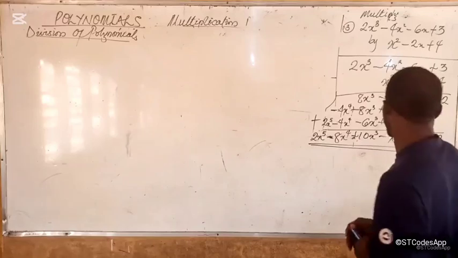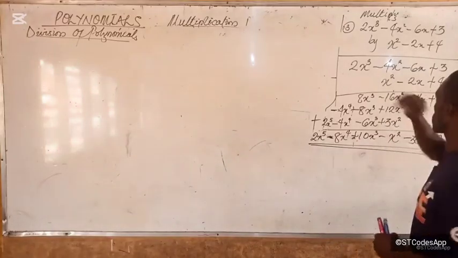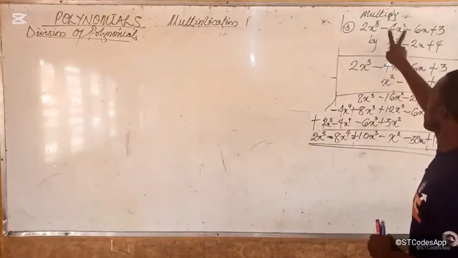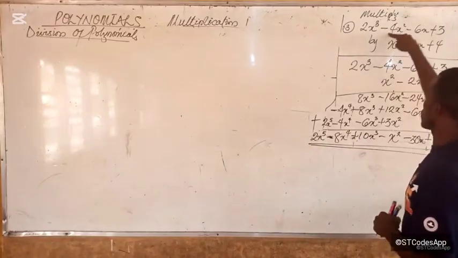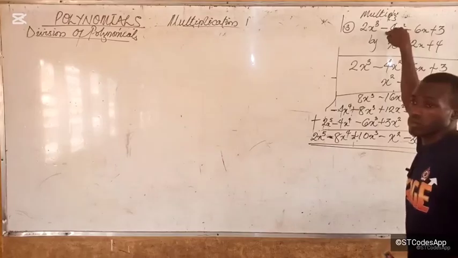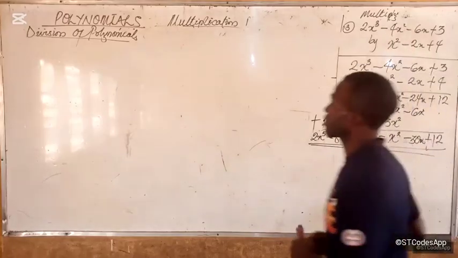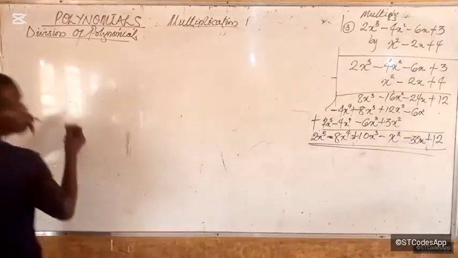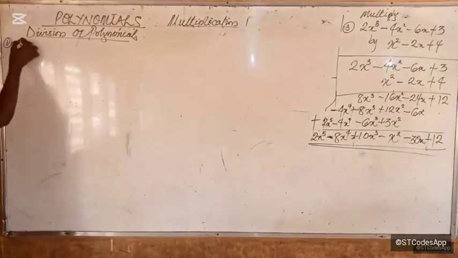Let's say we wanted to use this polynomial to divide this one rather than multiply it. Let's try that. That will be example 1.